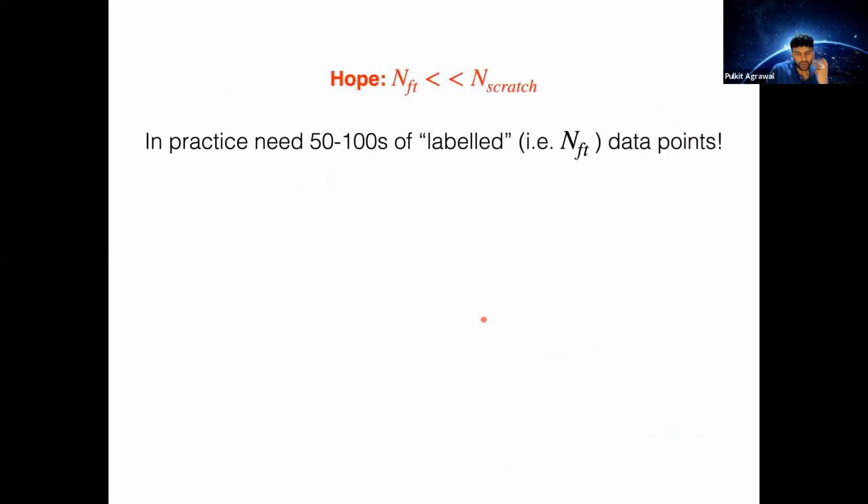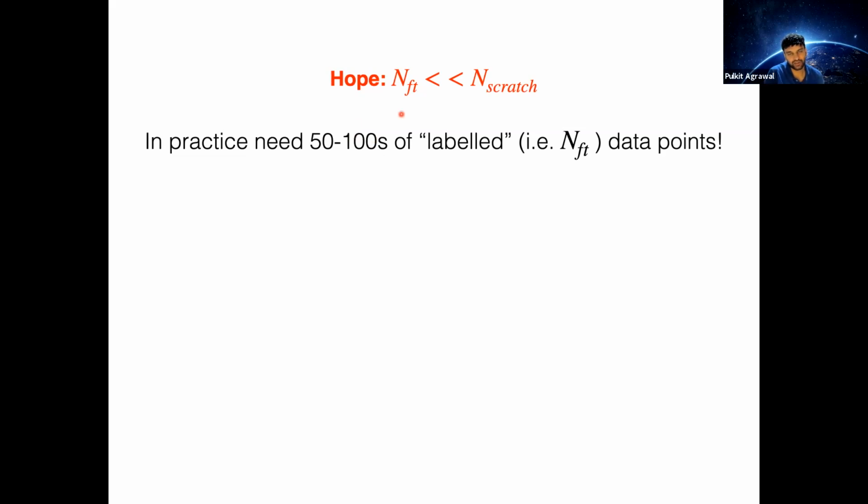So, our hope is that N fine-tuning is less than N scratch, and this does hold in practice. For example, in ImageNet, each category has around 1,000 examples for each class. But typically, even if you have only 50 to 100 labeled examples for new classes, you can learn quite well with them.